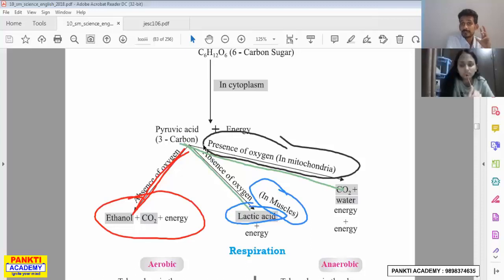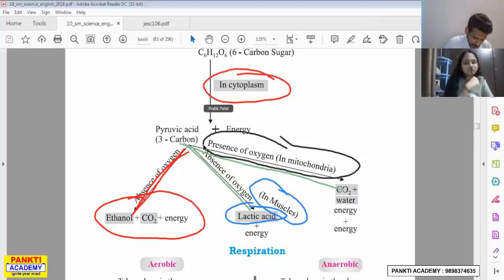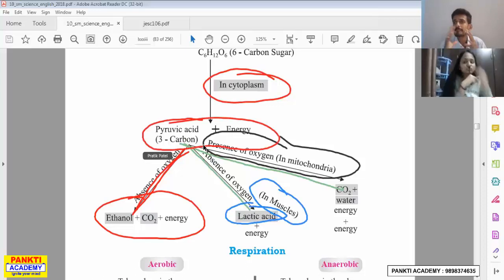So the first step in respiration in a cell, meaning glucose breakdown into simplest form: glucose is a 6 carbon molecule. First step, the 6 carbon molecule in cytoplasm converts into pyruvic acid, also written as pyruvate in books. Then after that there are 3 parts. The red color part is absence of oxygen. In some organisms like yeast, without oxygen they do respiration, meaning they break down the glucose.